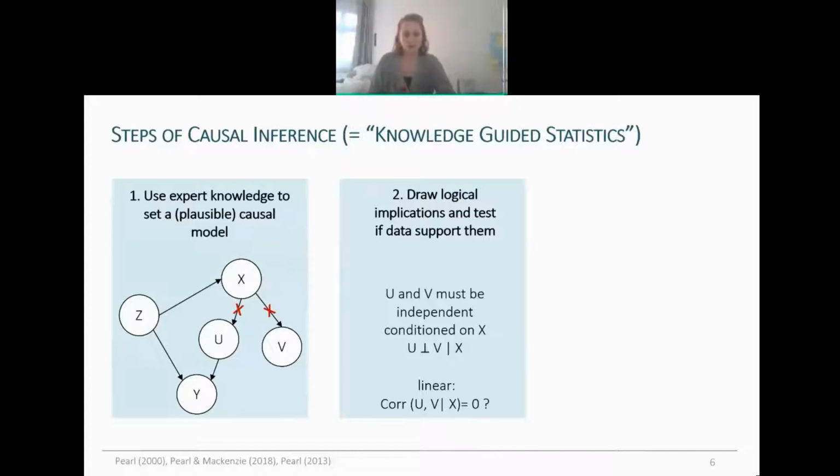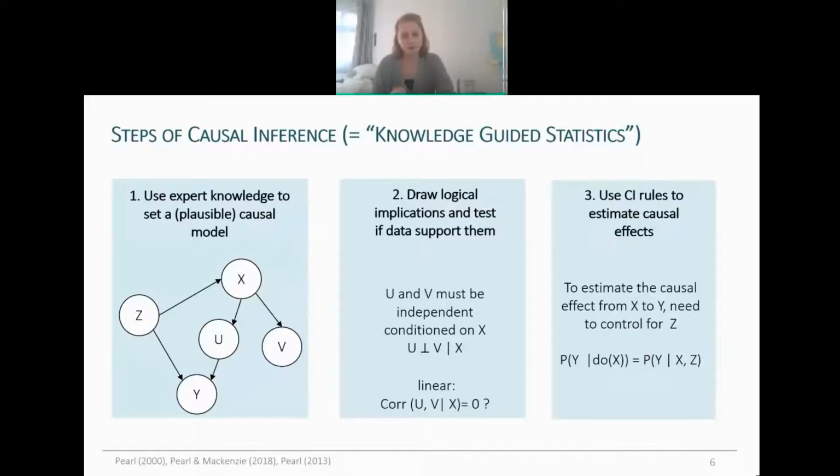And so we can use this as a sanity check to see if our model makes sense. We cannot test all the assumptions, but we can test the ones which are testable. And then, of course, we also have to maybe update the network if necessary.